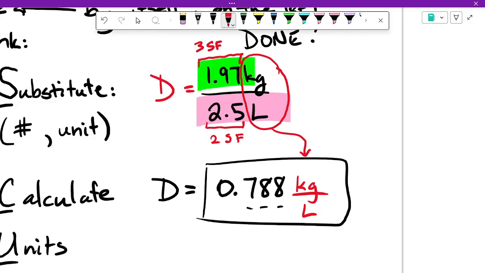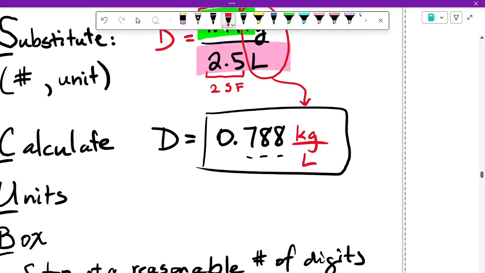So what that means is we need to take this and we need to round it to 2 digits. That 0 at the front doesn't count. Like I said, I'm going to give you a little review of that if you're into counting sig figs. That 0 at the front is just a placeholder. It tells you your number hasn't started yet.